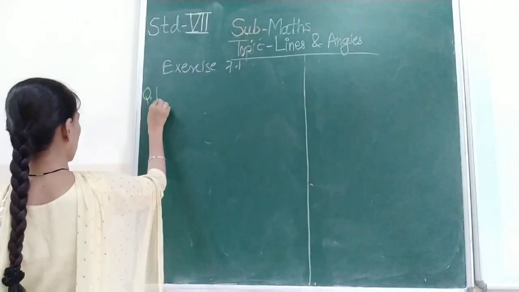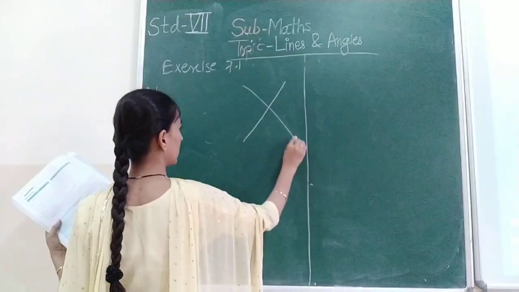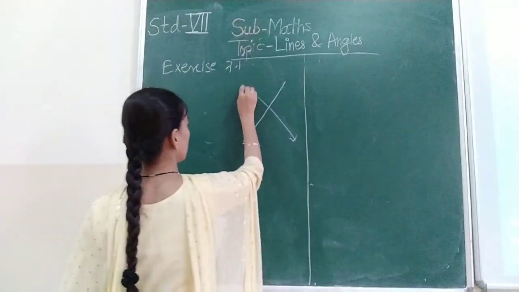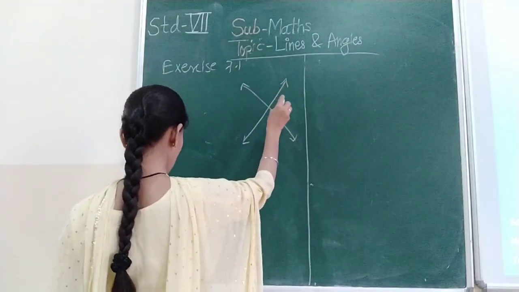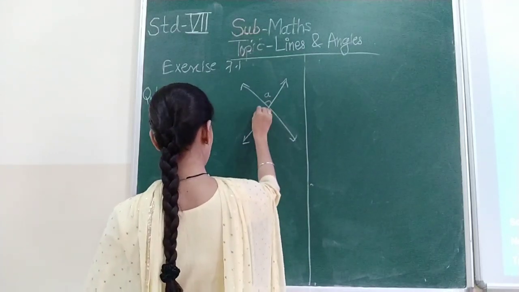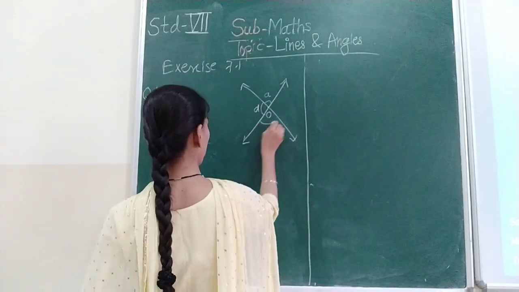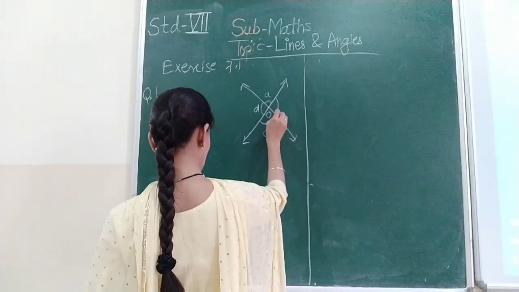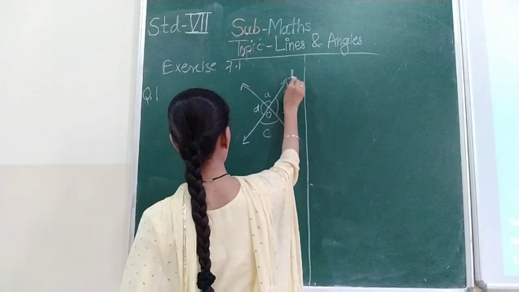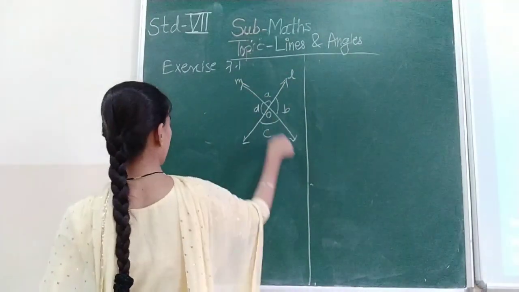In that, the first question, the figure is already given like this. Now you can see in the textbook. This is angle A, then D. Center is O. Now this angle is C and this angle is B. This is line L, line M.